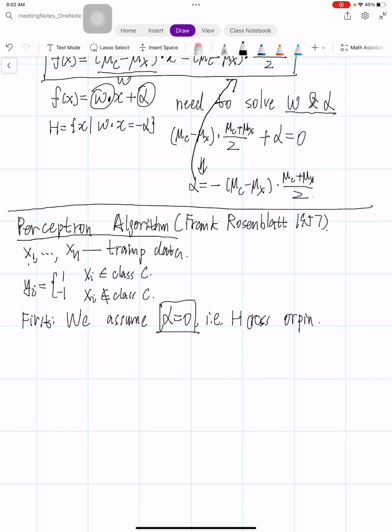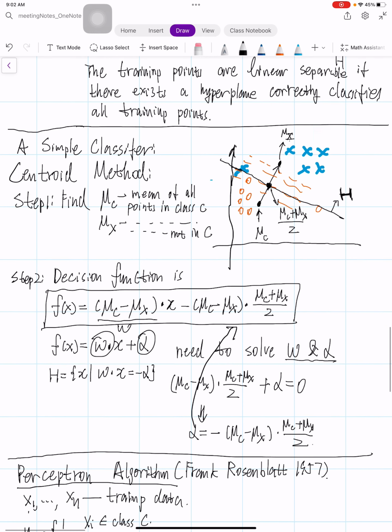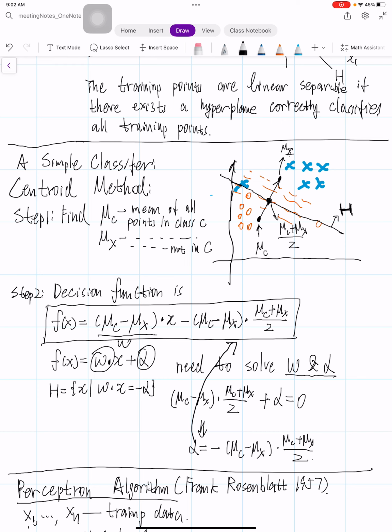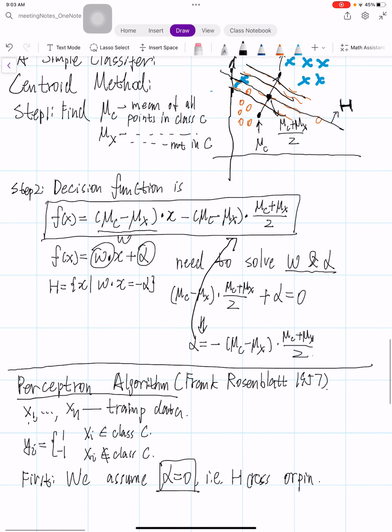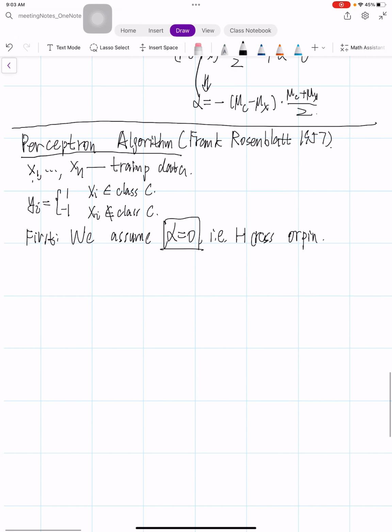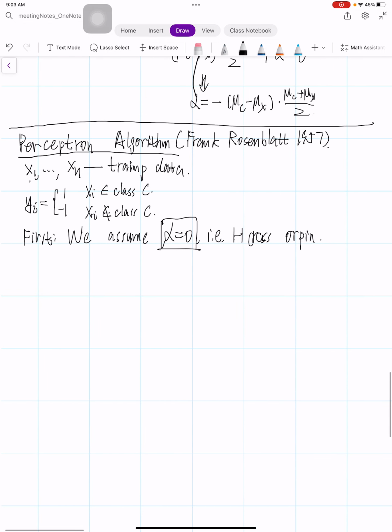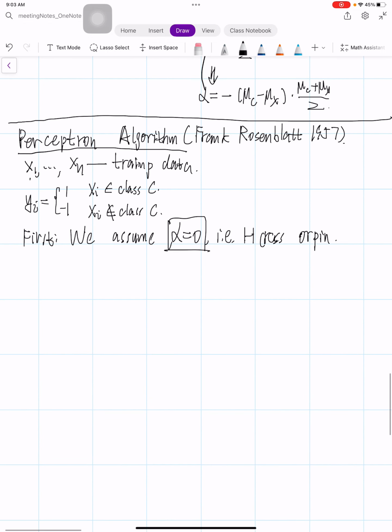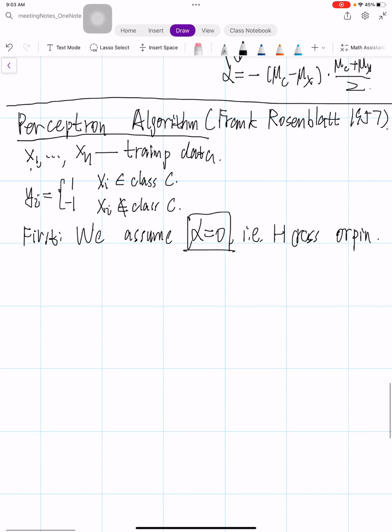We want to find W given alpha, because alpha just controls the shift, the y-intercept. If you give different alpha, you get a linear decision boundary at a different location, but the slope will be the same. So let's first simplify our problem to the case where alpha equals 0, and later we will introduce the method to solve for alpha too.